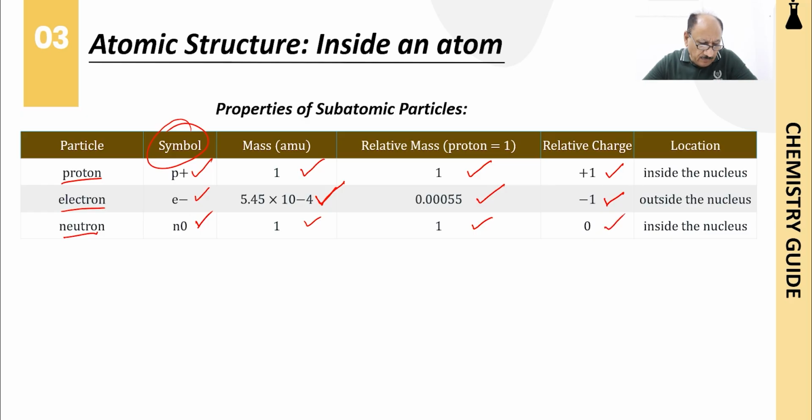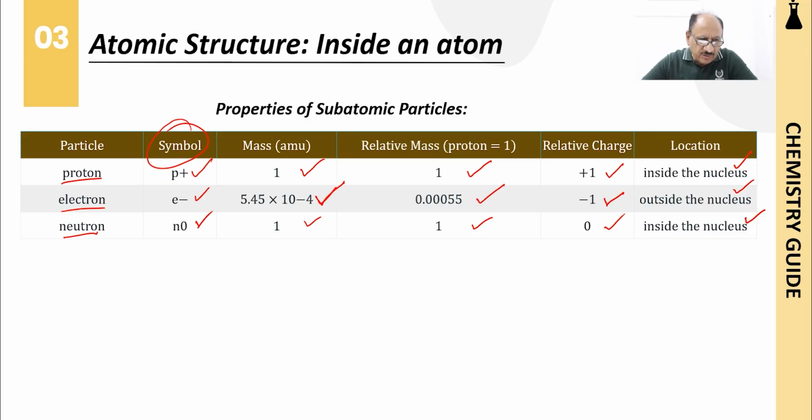But keep in mind, inside the neutron there is charge, but overall the neutron is balanced, so we will use the word neutral particle. Then location: the proton is inside the nucleus, the neutron is also inside the nucleus, whereas electrons are revolving around the nucleus.